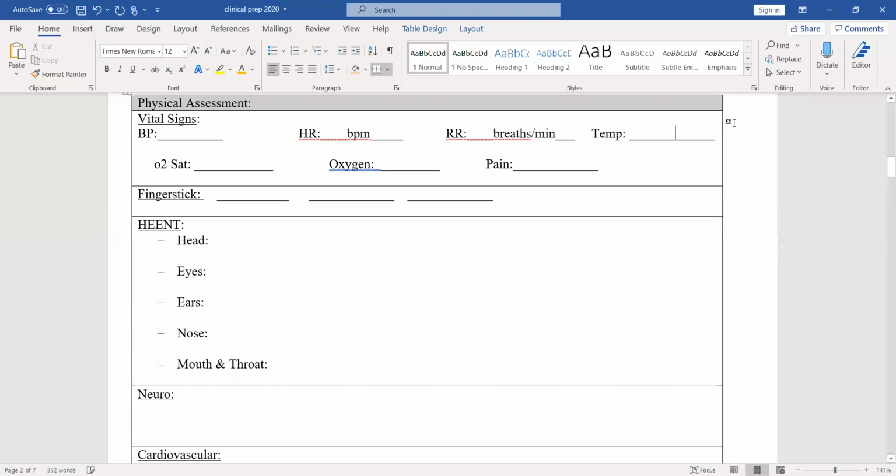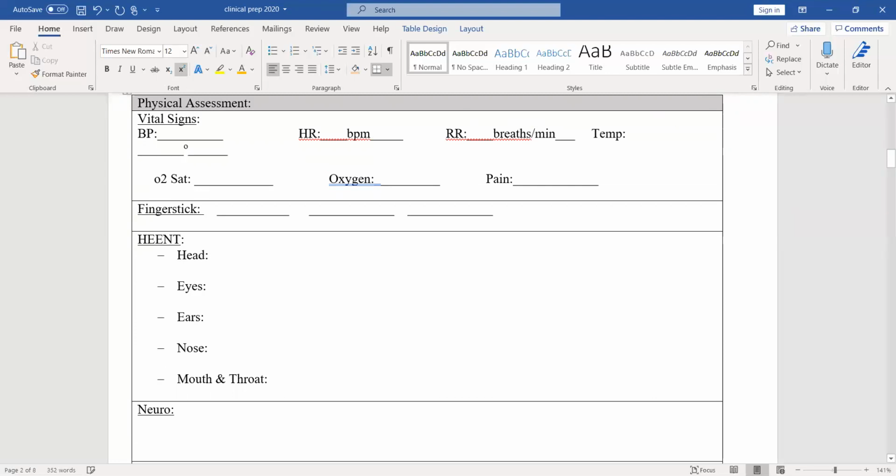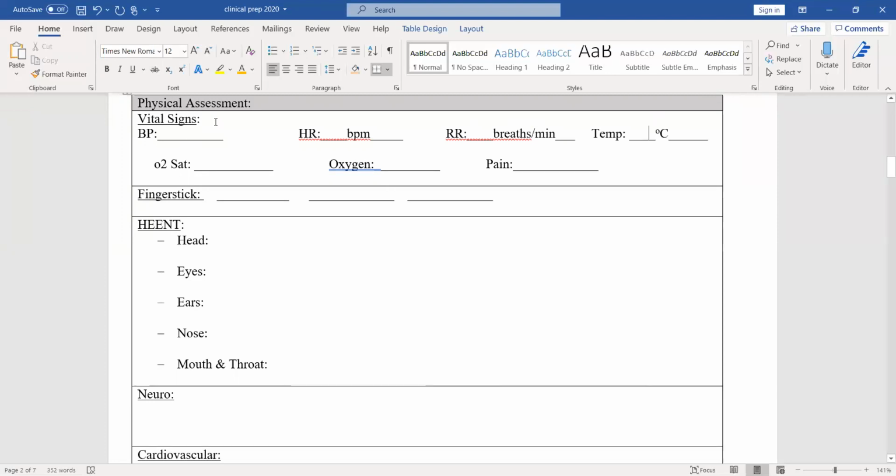As previously mentioned, we do learn some of these items on the head to toe assessment we haven't physically learned yet. So as of right now, we're just sticking to the basics. As we progress through the course, you will become more familiar with certain aspects of the head, eyes, ears, nose, and throat assessment, neuro assessment, etc., that you'll be able to beef these up a lot more.